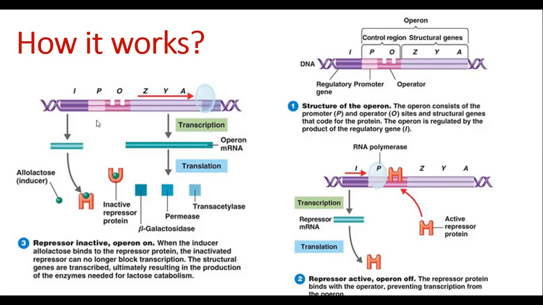The removal of the Lac repressor from the operator site allows the polymerase, which is already sitting at the adjacent promoter, to rapidly begin the transcription of the Lac-ZYA genes. Thus, addition of lactose or a synthetic inducer such as isopropyl beta-D-thiogalactopyranoside, that is IPTG, very rapidly stimulates transcription of the lactose operon structural genes.